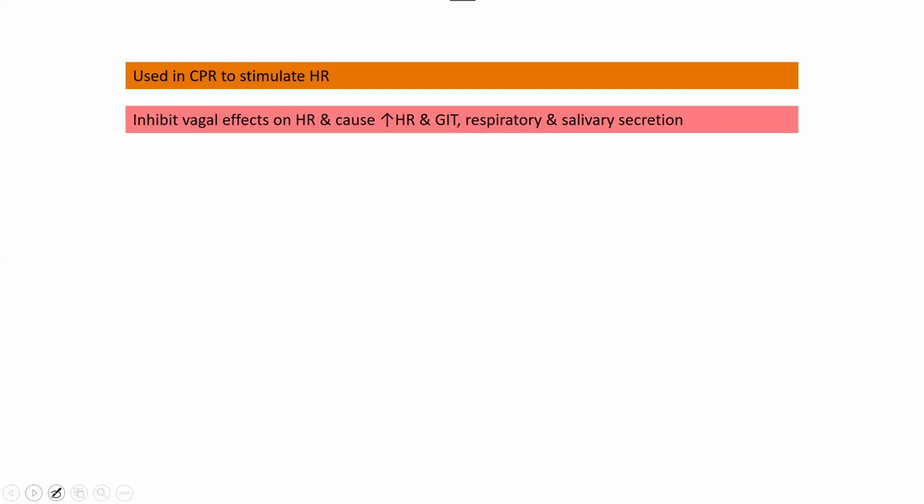Basically, if there is a decrease in heart rate, that is bradycardia, but vagally induced, you can use atropine to increase the heart rate. But it also has effects on GIT, respiratory and salivary secretions, and that effect is reduced motility, reduced respiratory secretions, and reduced salivary secretions.